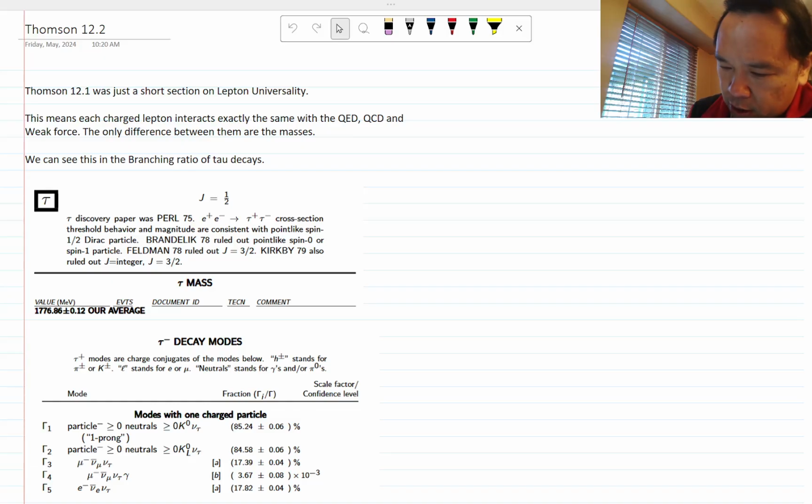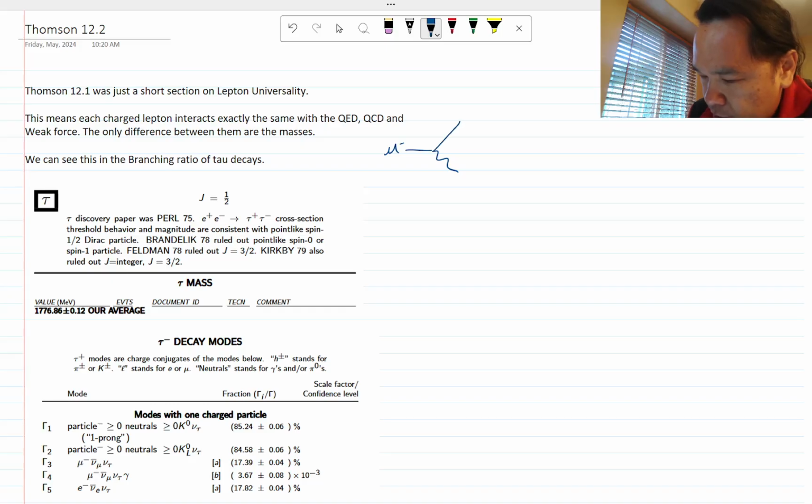Because when you're drawing these vertices for, let's say, a muon decaying into something else, so a W minus, and this will be a muon neutrino. You can replace this with a tau, then this will just turn into a tau neutrino. You can replace this with the electron. Technically, the electron doesn't decay because it's the lowest mass version of it, but you could run these diagrams backward so that you can actually have coupling the other way.